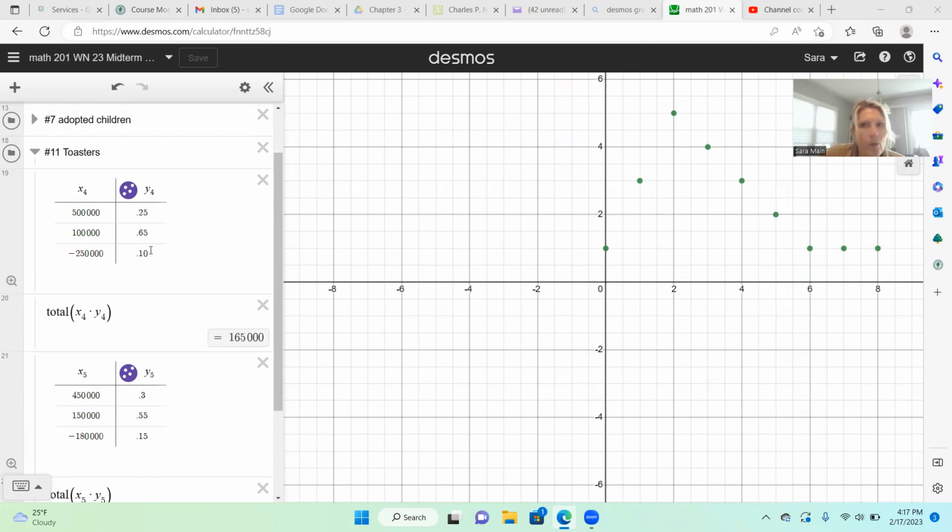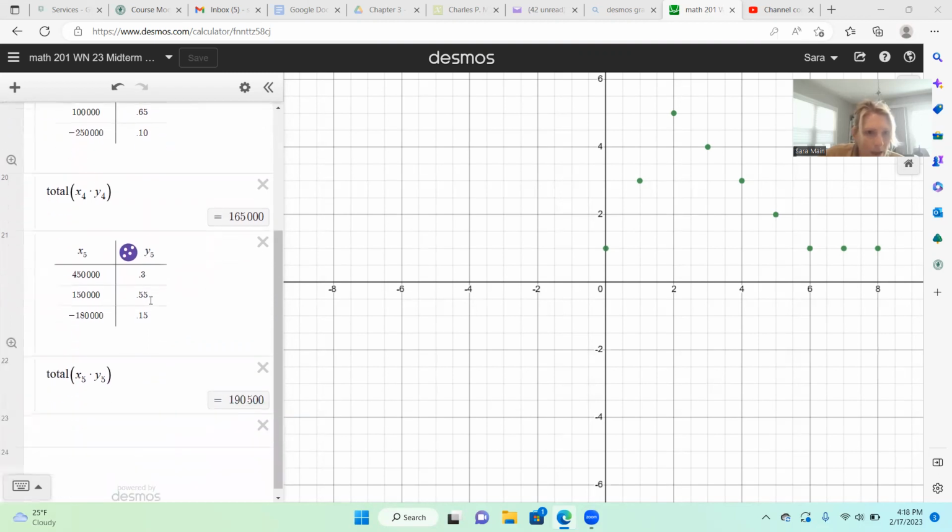Whereas with weighted averages, I have to divide by the total Y column because the frequencies could be different. So I don't have to divide by a total Y column here because they're going to add to 1 anyway. So my expected profit for toaster A is $165,000. And my expected profit for toaster B is $190,500.